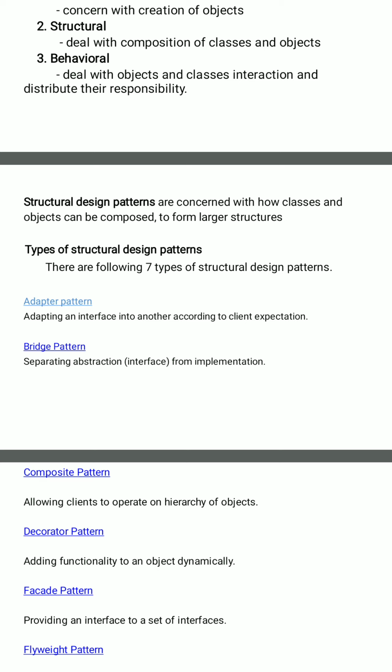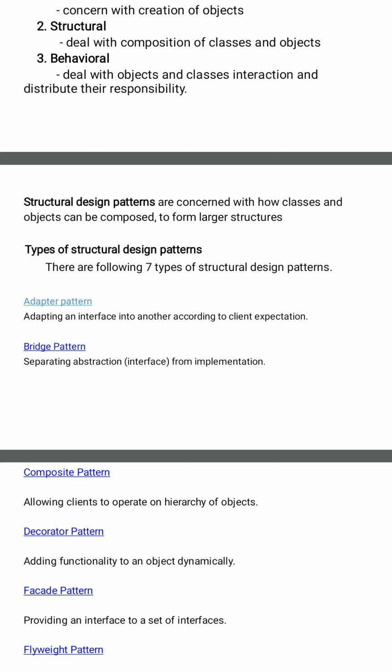The thing is that how we are going to integrate objects and classes together to form the larger structures. The structural design pattern simplifies the structure by identifying the relationships. The thing is that how the classes are going to interact with one another. These patterns focus on how the classes inherit from each other and how they are composed from other classes. The thing is that one class is going to acquire the features of another class.